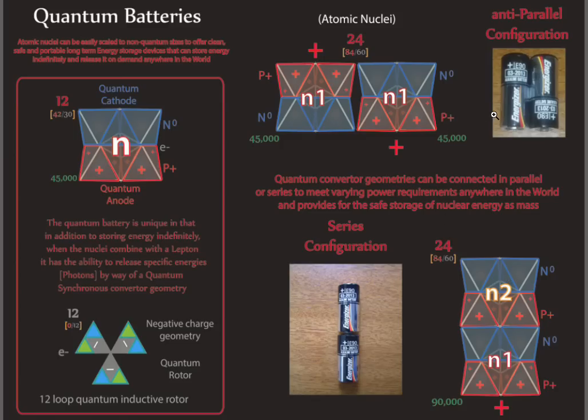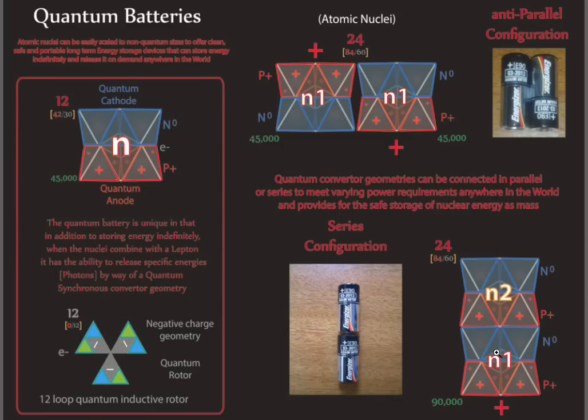You can liken these to batteries, in that they store energy as mass within their geometry, and they can come together in side-by-side or anti-parallel configurations where the neutron can be viewed as a cathode and the proton can be viewed as an anode, with the electron obviously bound in the middle. The electron then has the ability to release energy, or release mass energy, over a period of time as spectral lines or as radiant energies.